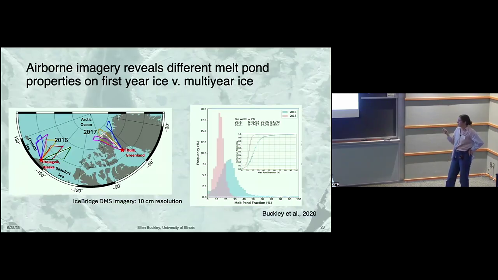This is just confirming what we already know, is that first-year ice, because of the lack of deformation features, the meltwater is able to spread more easily across the surface, whereas on multi-year ice, the meltwater kind of gets stuck in the hummocks or between ridges that have formed over the years of deformation. And this is an important result in terms of thinking about how the Arctic is transitioning from predominantly multi-year ice to first-year ice, and what that means for melt pond fraction and albedo at the surface.